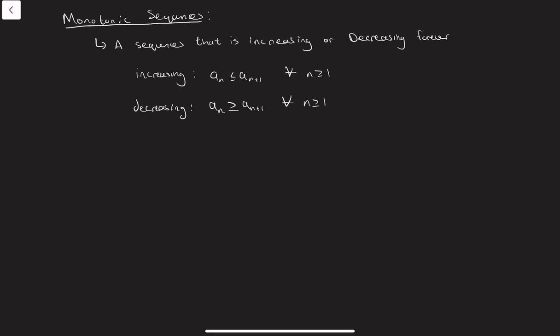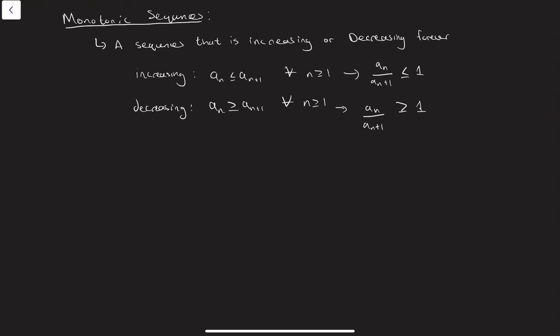Another way to write this for the increasing case: you could say a_n over a_(n+1). Since a_(n+1) is bigger than a_n, this is going to be less than 1. And for a_n over a_(n+1) in the decreasing case, this is going to be bigger than or equal to 1.